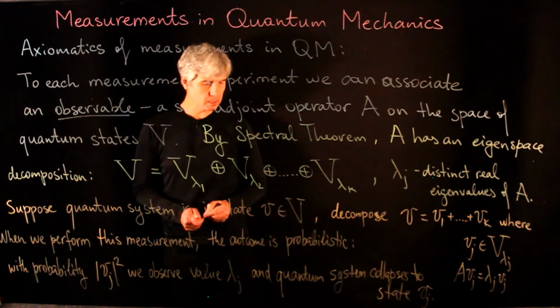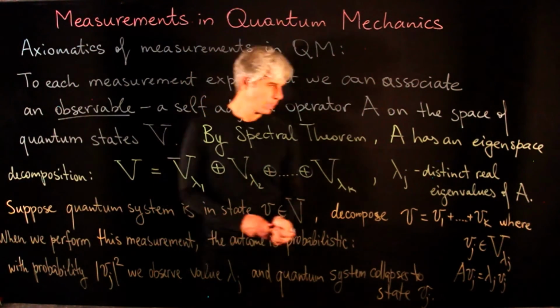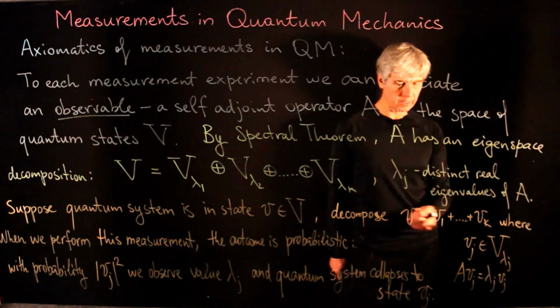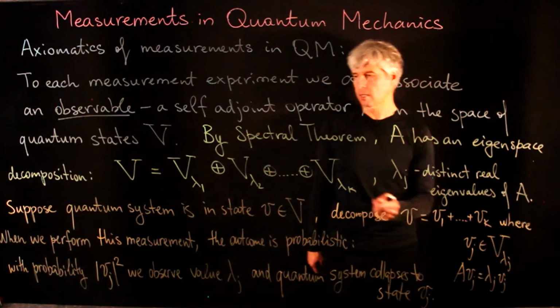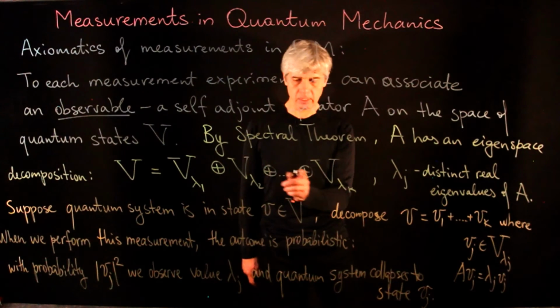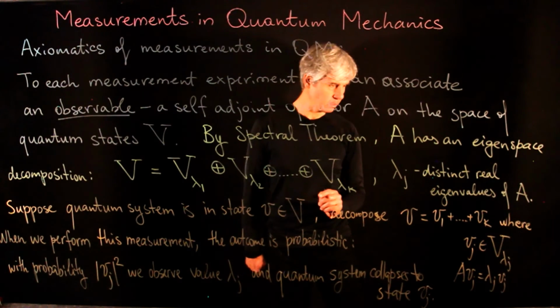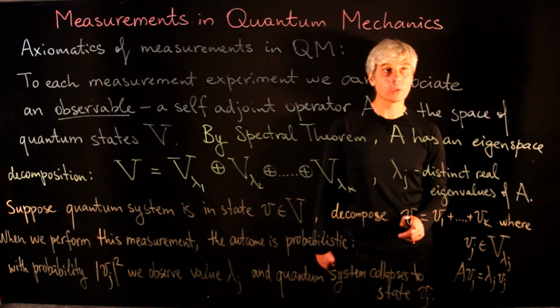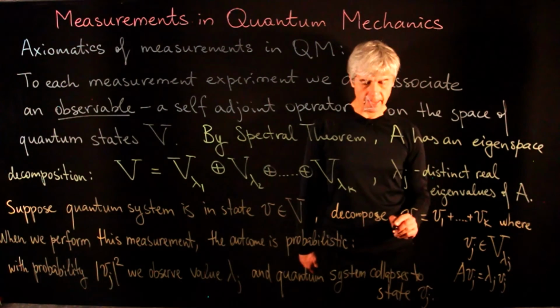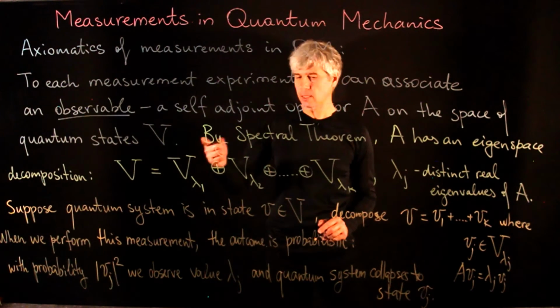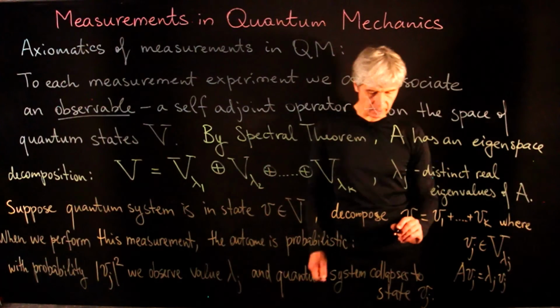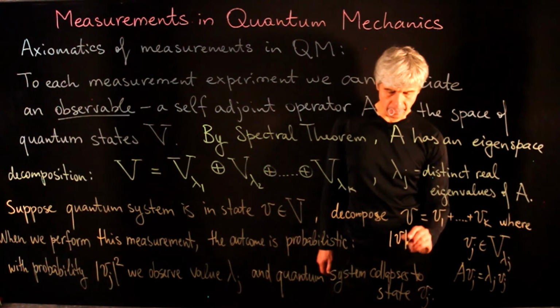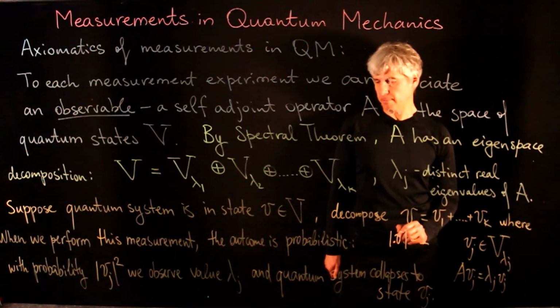So this means the following. Here we have a decomposition of a vector into these eigenspaces, right? And we recall that our initial state is normalized, right? So we assume that the norm of V is equal to 1.